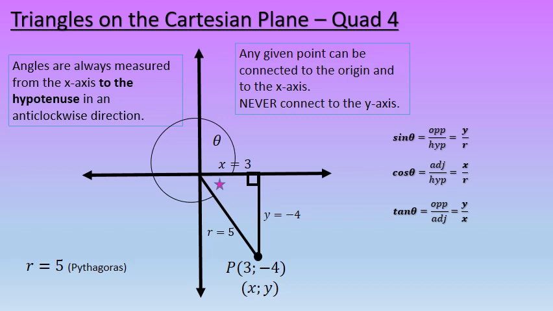Now let's substitute in our relevant values. Shade your rear. Sine is y over r, so it's negative 4 over 5. Cos is x over r, which is positive 3 over 5. And tan is y over x, which is negative 4 over 3.